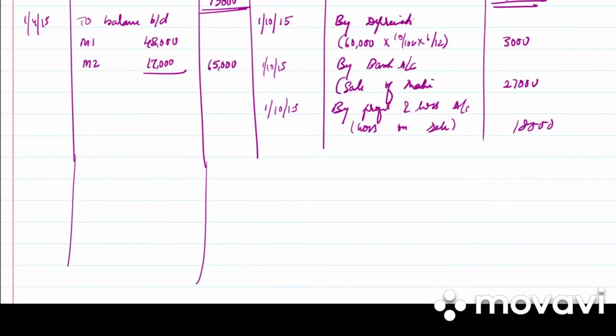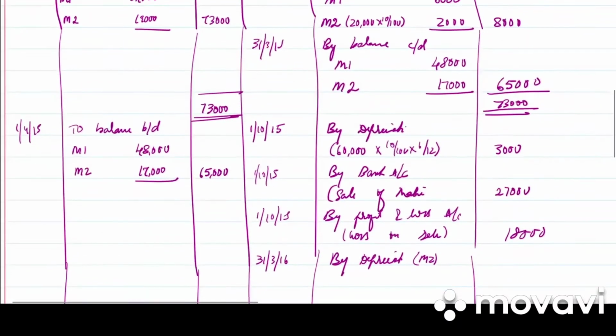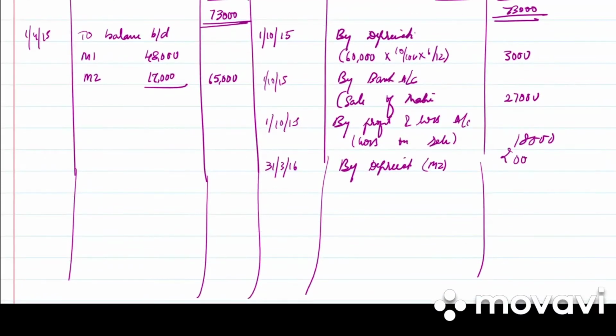Now which machinery is remaining? Machine 2 is remaining. So on 31st March 2016, by depreciation, in bracket you can write machine 2. How much is it? 2,000 rupees. And last, 31st March, by balance carried down. Only one machinery is remaining with us.